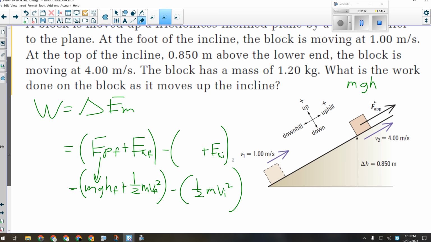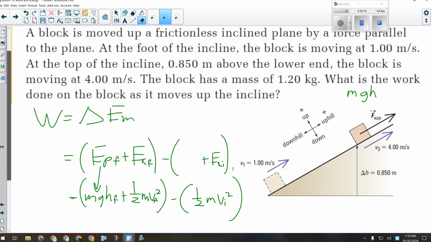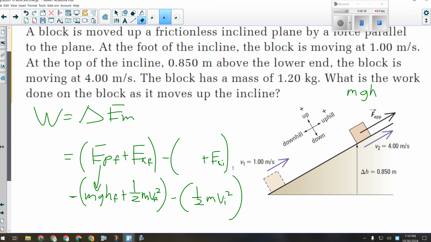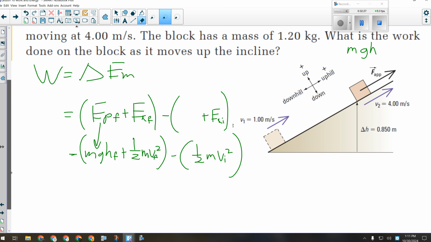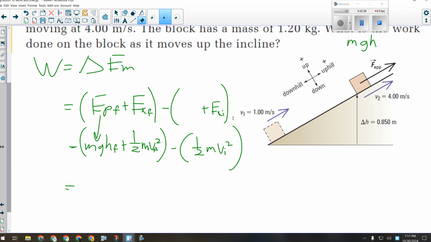Pretty sure we know all of these numbers, right? They told me that the mass of the block is 1.2 kilograms. They told me the final height was 0.850 meters. They told me the initial speed was 1 meter per second and the final was 4. So let's put in our numbers here. 1.2 times 9.81 times 0.850.